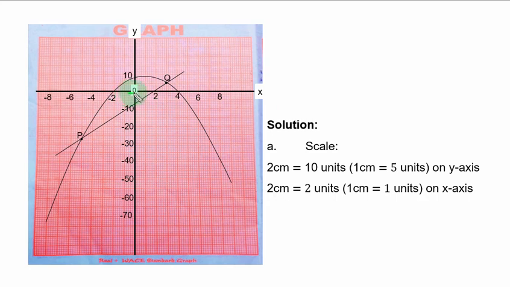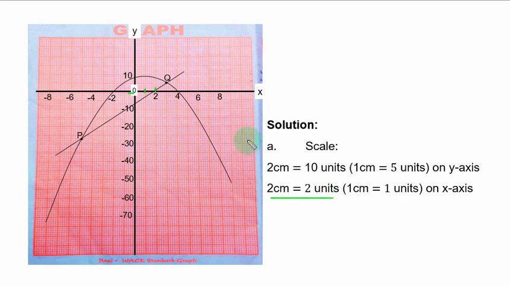Now from the origin to the end of the first box is 1 centimeter. Then here is 2 centimeters. What it means is that on the x-axis, 2 centimeters combined is 2 units. So you have 2 centimeters equal to 2 units on the x-axis.